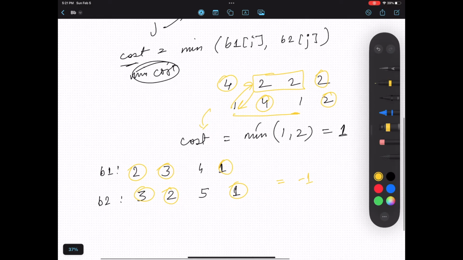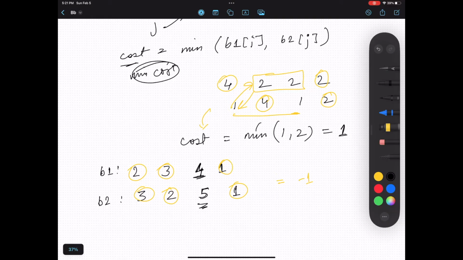If you look closely, we can only make the baskets similar if we have an even number of quantities. Here there is one 4 and one 5, which is odd. There's no way to make B1 and B2 the same, because to make them the same we need to have an even number of copies.